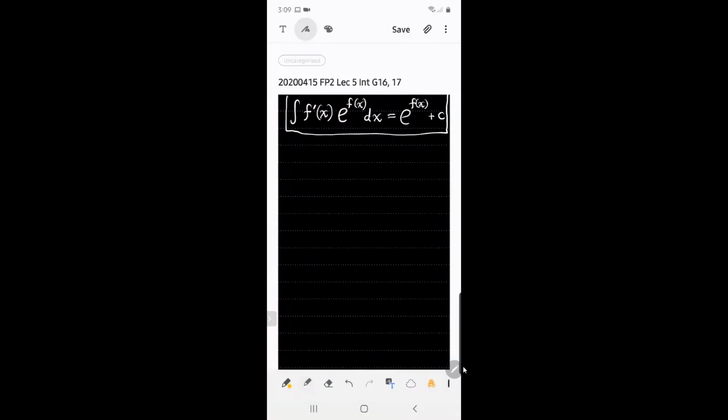Example number 1, the integral of x and then e to the power of x squared. Another way of writing this function is to put it in the form of exp. So you have x followed by exp and then bracket x squared dx.